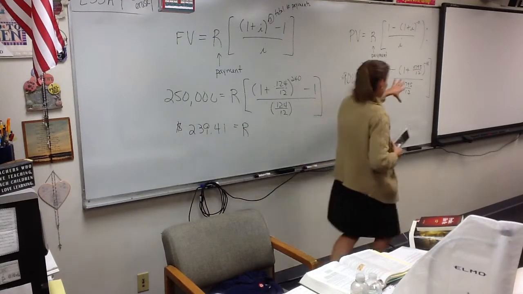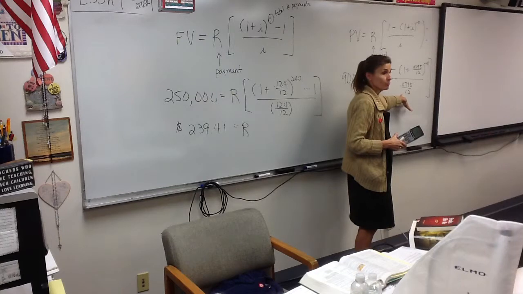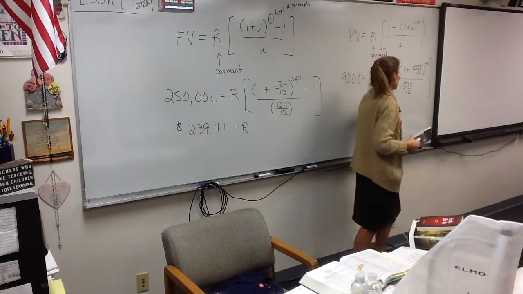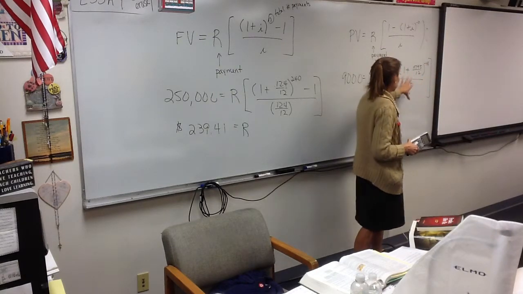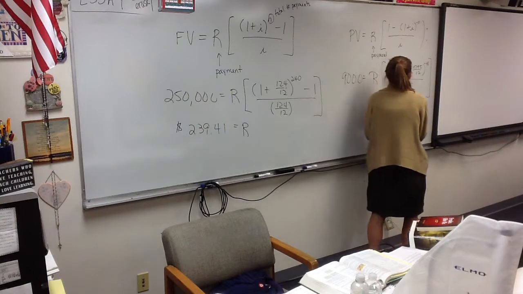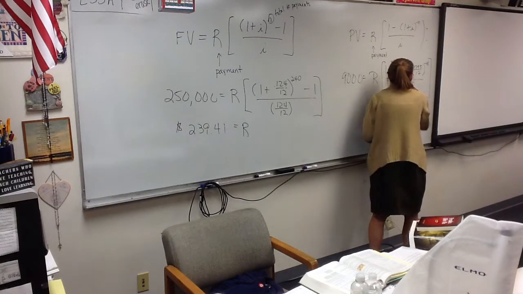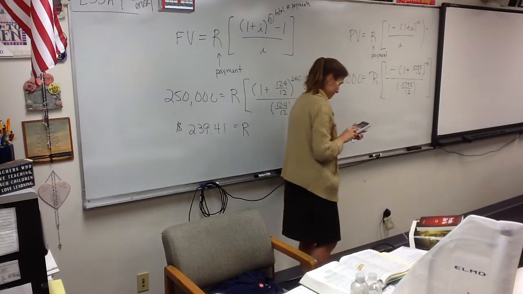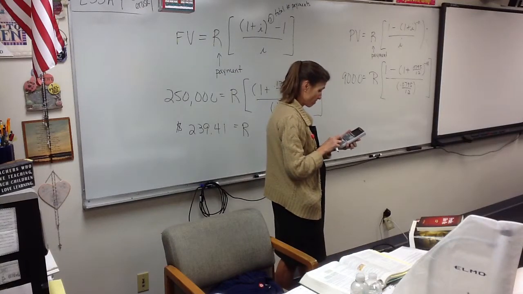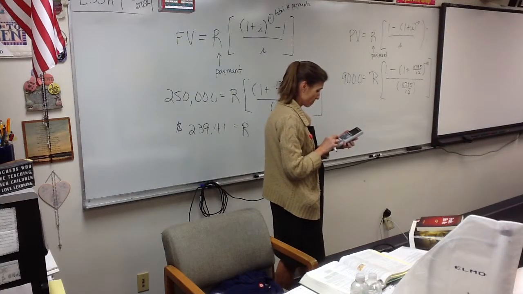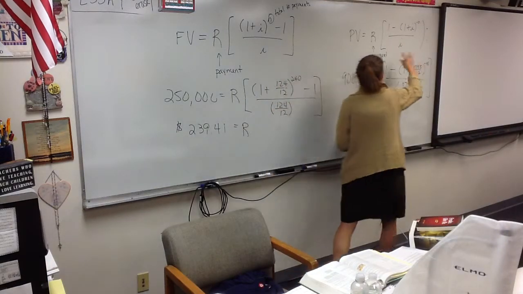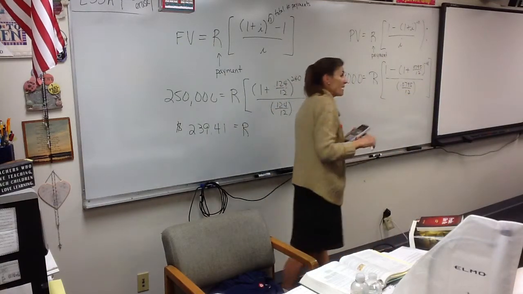Now, we need to divide by our denominator, right? Once you get the whole numerator in, hit equals. Now we're gonna divide by the denominator. Make sure you have that in parentheses. So this bracket turns out to be about 41.